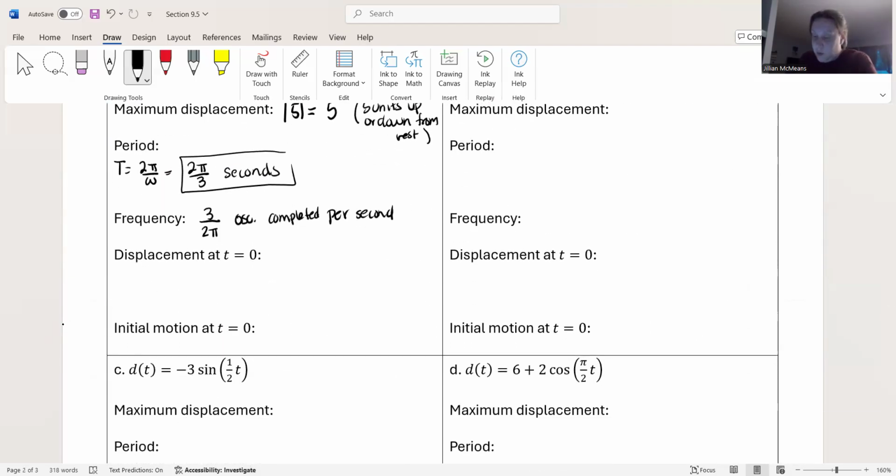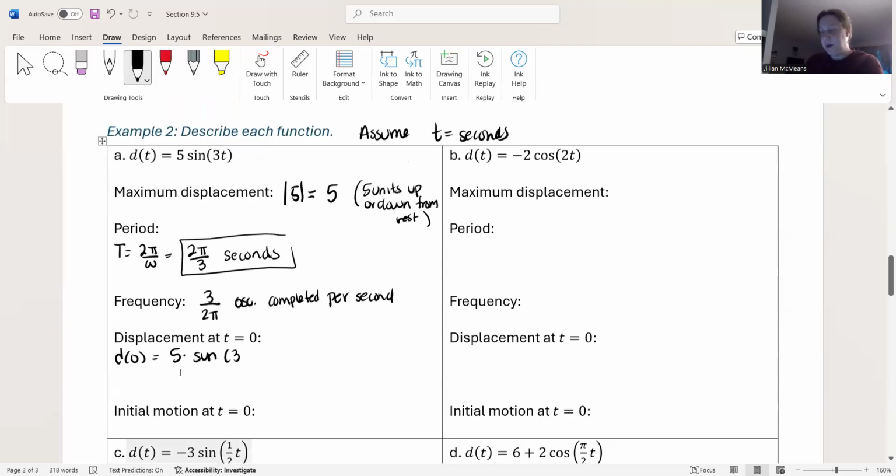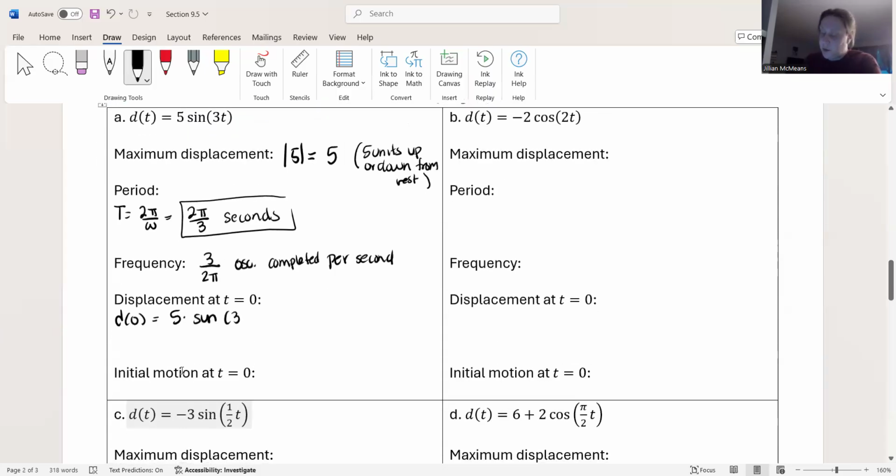We could say, okay, well, what is d of 0? Well, d of 0 is, what did we have? 5 times sine of 3t. Let me double check that really quick. Yeah, 3t. So we're going to get sine of 3 times t, which is 0. So 3 times 0. So that's 5 times sine of, well, 0. Okay. And if you can imagine your unit circle, well, we're at 0 radians right here.